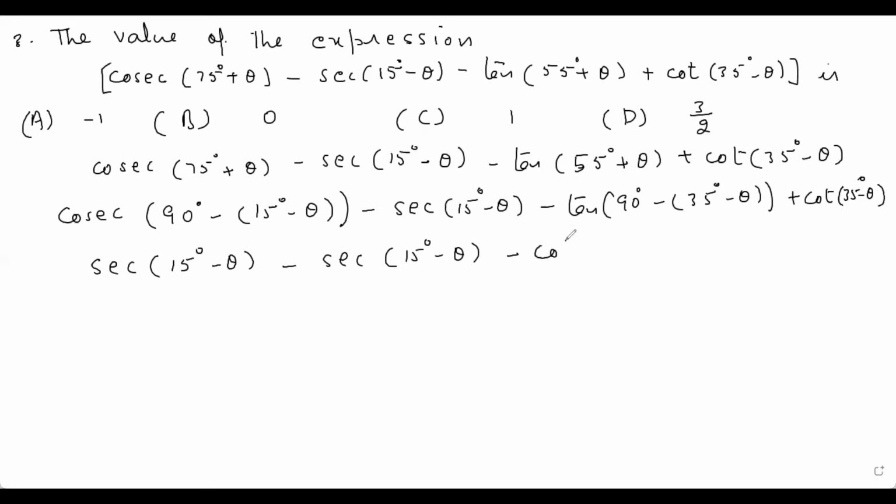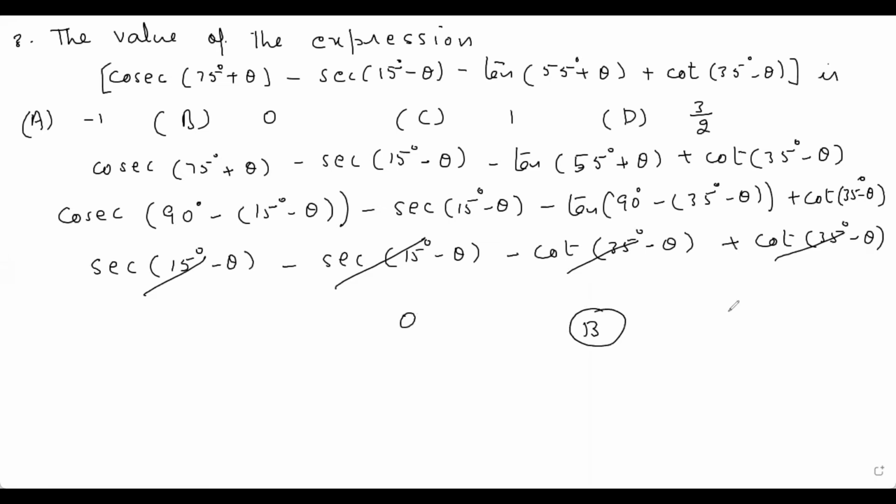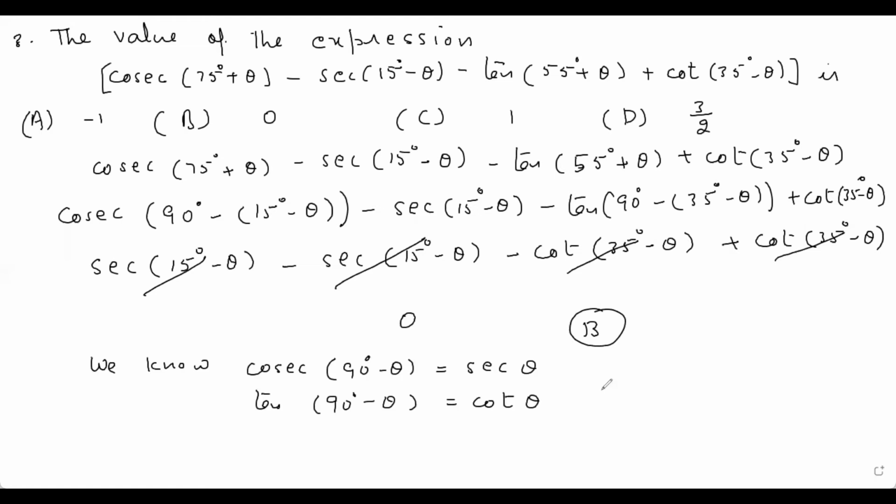So this is cot 35 degree minus theta plus cot 35 degree minus theta. Now this and this is cancelled. This and this is cancelled. So I have 0. So B is the answer. B is the option. So B is the right answer. We know cosec 90 degree minus theta is sec theta and tan 90 degree minus theta is cot theta.